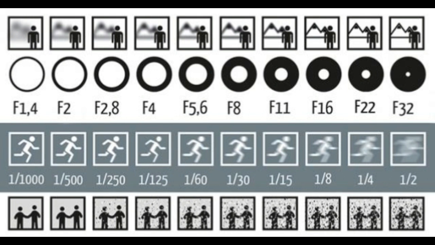The f value gives the idea of the aperture. We use F for the aperture. f1.4 is the largest aperture you can get on a camera nowadays. If you are shooting in the daytime and you set your aperture to 1.4, the amount of light coming into the camera sensor is very high, so you have to control it.